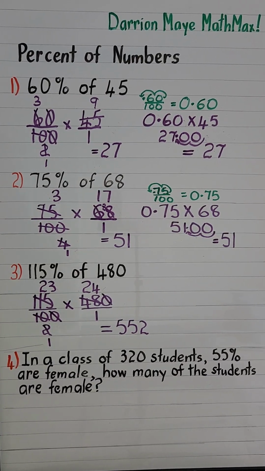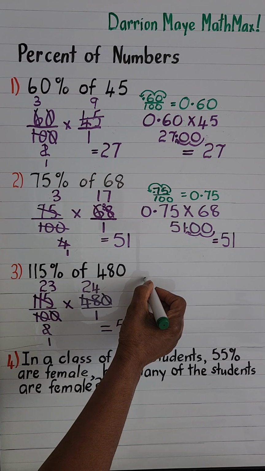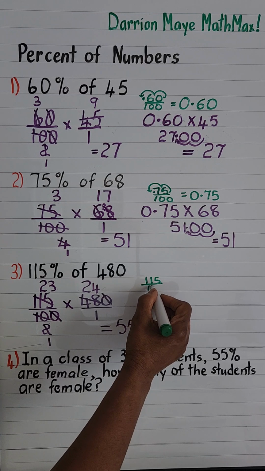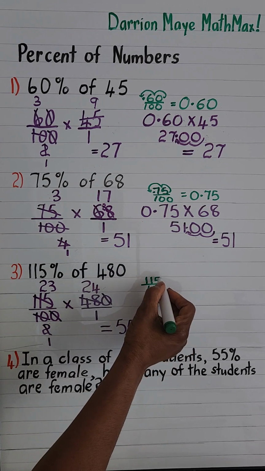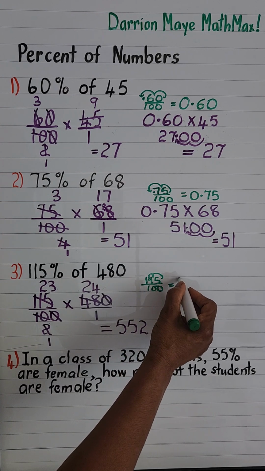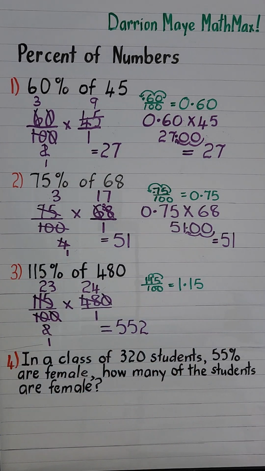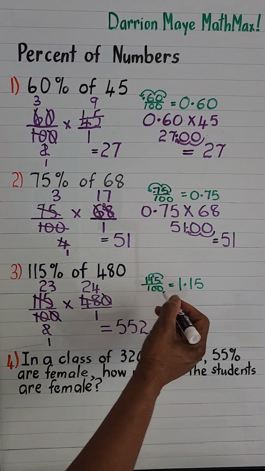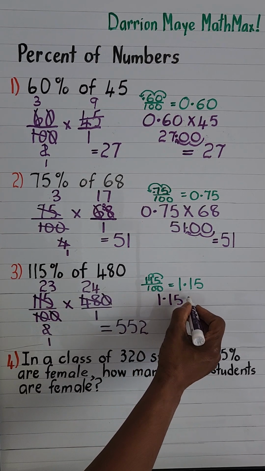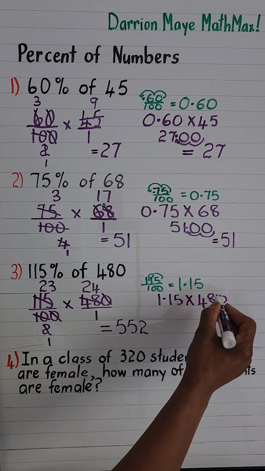And as a decimal, we'll have 115 over 100. 2 decimal places, 1, 2. So it is equal to 1.15. And that is 1.15 times 480.